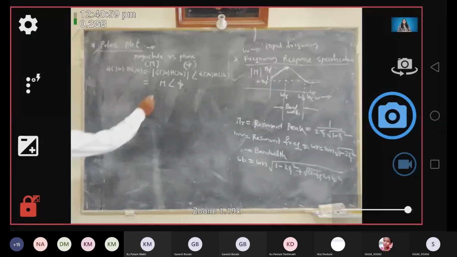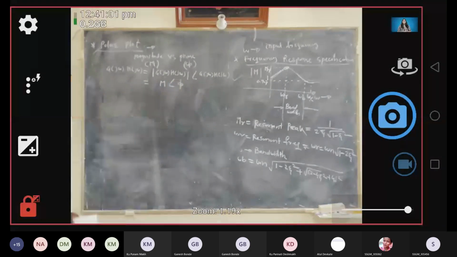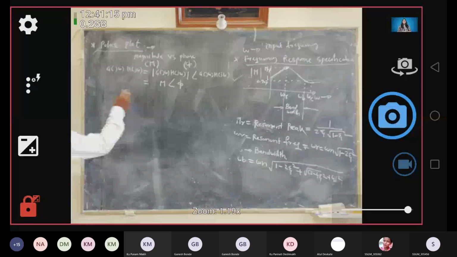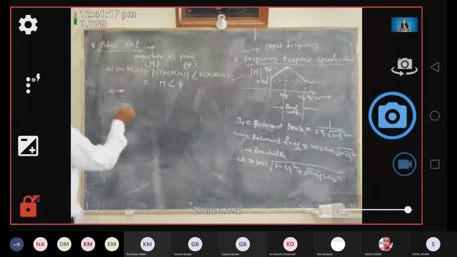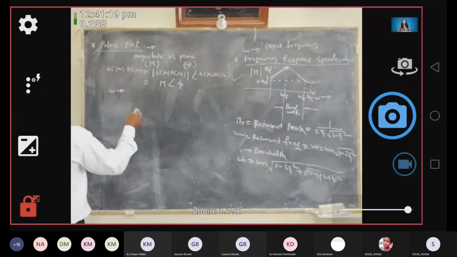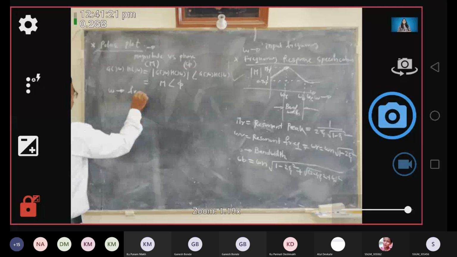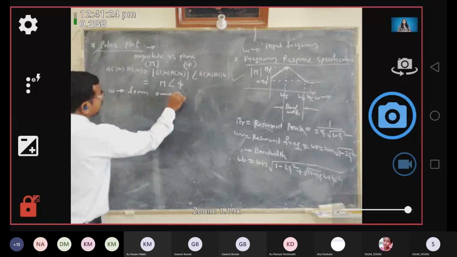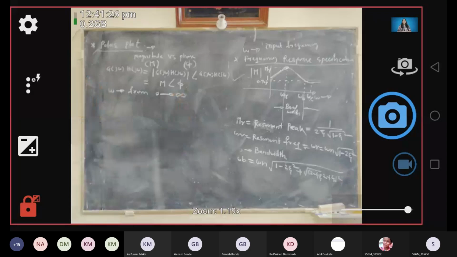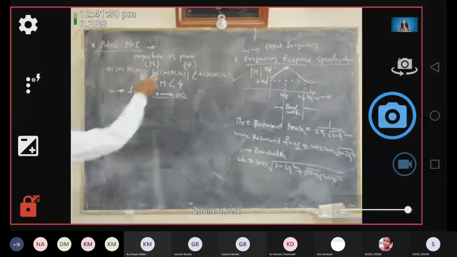So M versus phi will give you the polar plot. Therefore, the polar plot can be drawn between the magnitude and the phase angle of G of j omega H of j omega by varying omega from 0 to infinity, and we will get a polar plot.